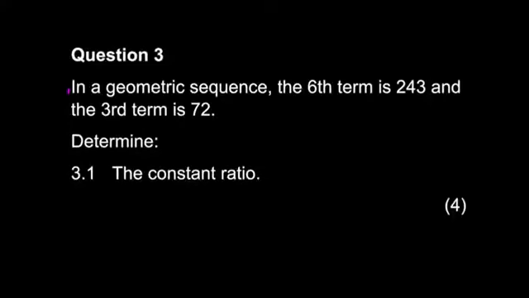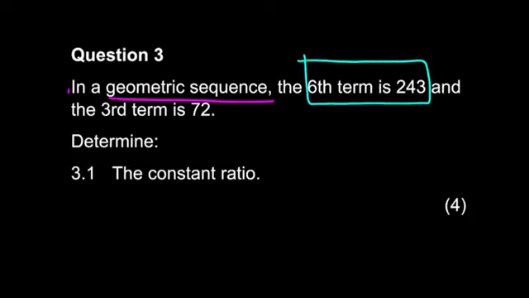Okay, well, this time round, they start off by saying it's geometric. Well, that's fantastic because we can already locate what our formula should be. The sixth term is 243, and the third term is 72. Determine the constant ratio. Okay, so remember what we said. What is the model to get the sixth term as 243? That would be T6 is equal to, it's geometric, so it's AR to the n minus 1.